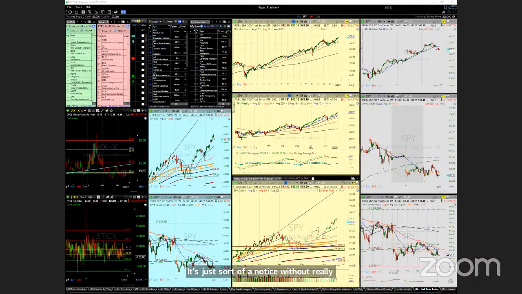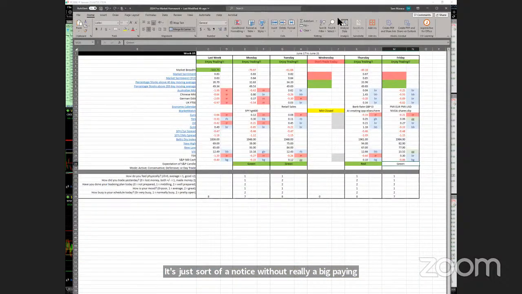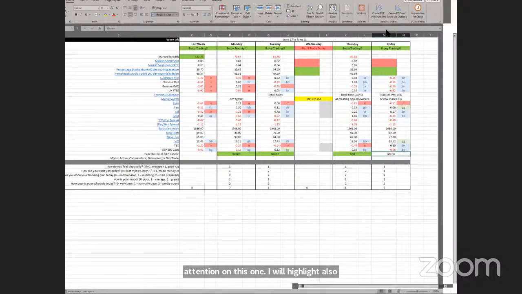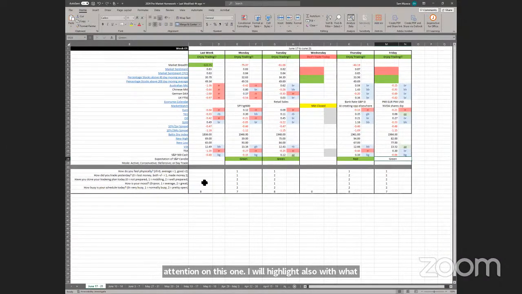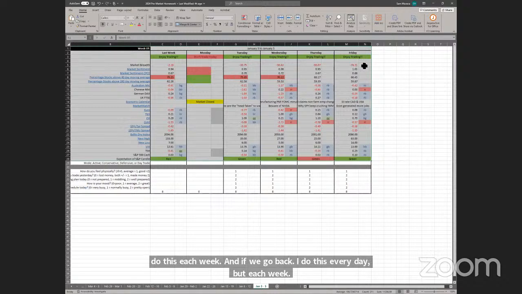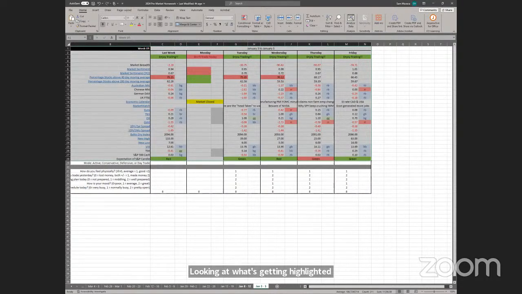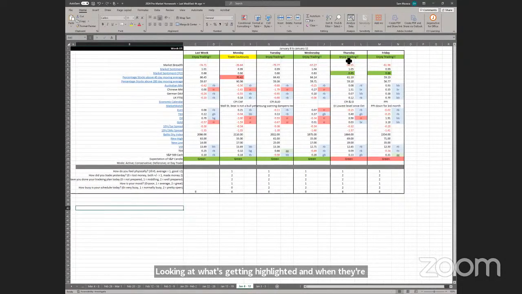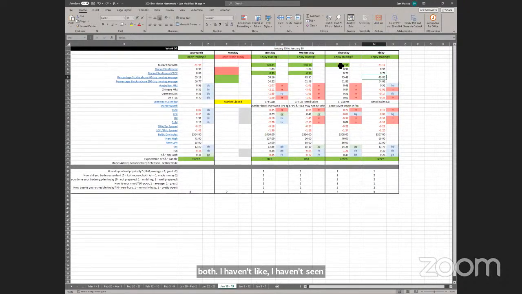On this one, I will highlight also with what Greg just talked about. I do this each week. And if we go back, I do this every day, but each week, looking at what's getting highlighted and when they're both, I haven't seen that alignment through here.